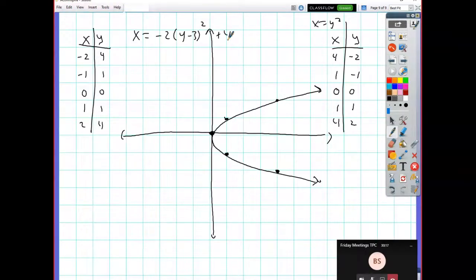Okay, so the negative would flip across the y. So yes, we're going to reflect across y instead. And then the 2 would stretch it. Well, which way did it stretch it? In the x direction, right? I see your fingers are pointing the x direction.